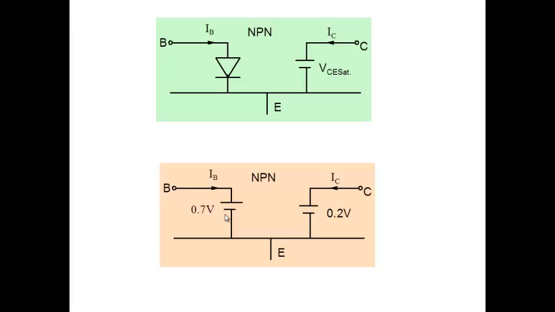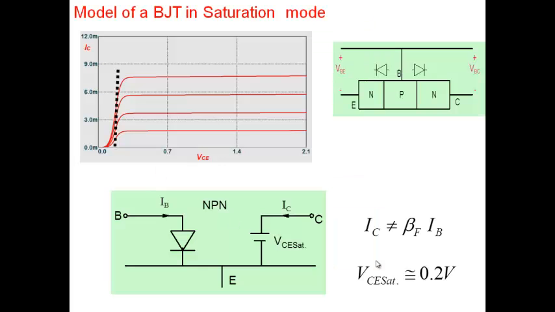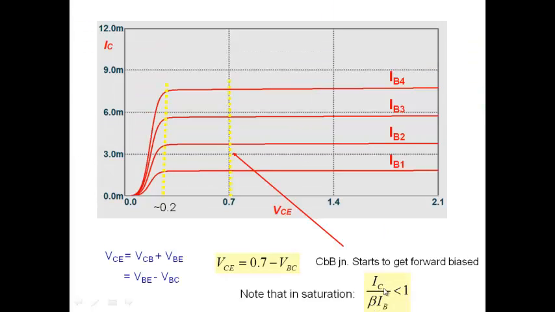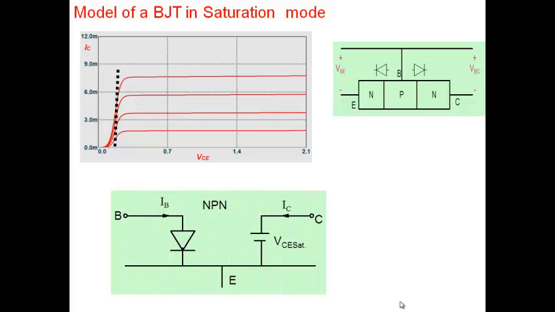How do you test whether your assumption was correct or not? You check this relationship. If IC indeed turns out to be less than beta times IB, your assumption was correct. If IC turns out to be greater than or equal to beta times IB, it means your transistor is not in the saturation region. It may be in forward active mode. Okay. All right. So that was the saturation region.